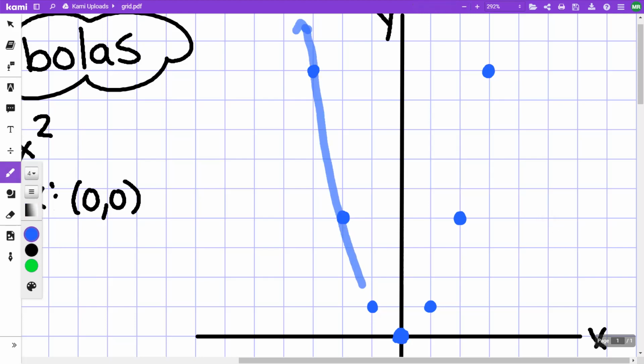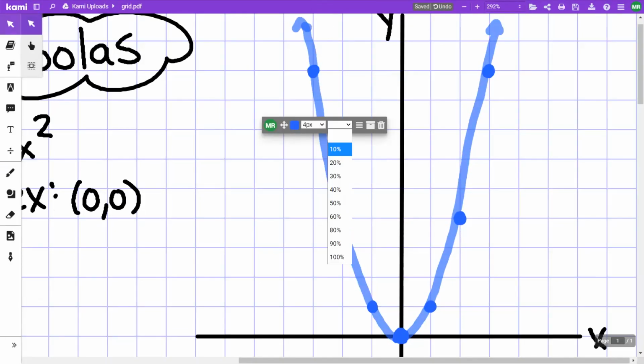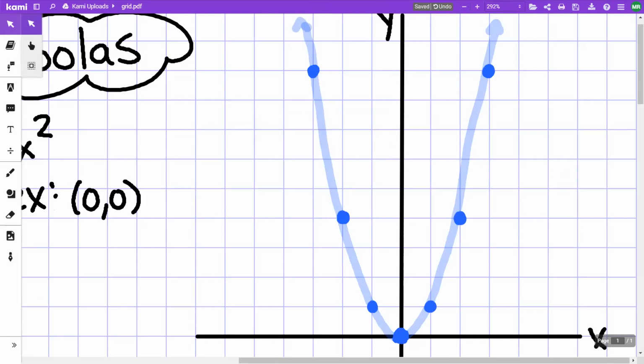And there's my parabola. I'm going to make this a little lighter. Okay, and there's our parabola. That is your basic parabola. If you can square a number, you can graph a parabola. Okay.